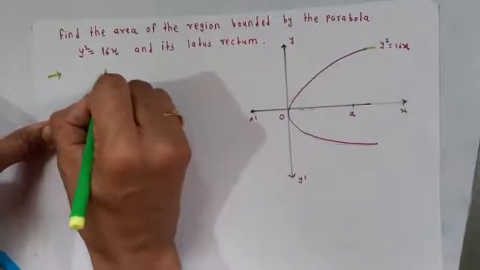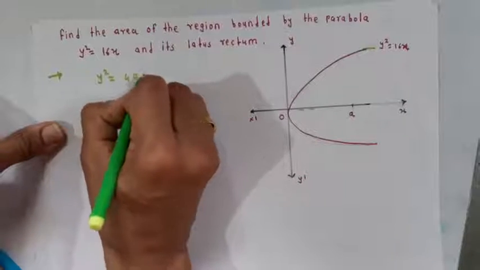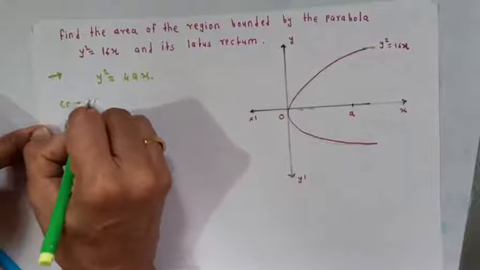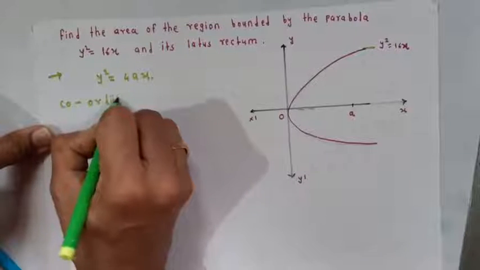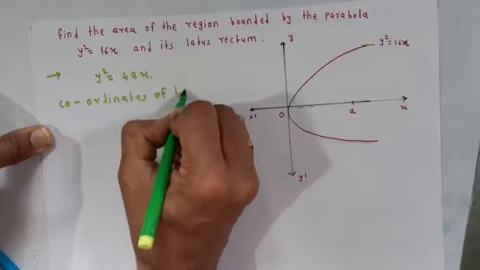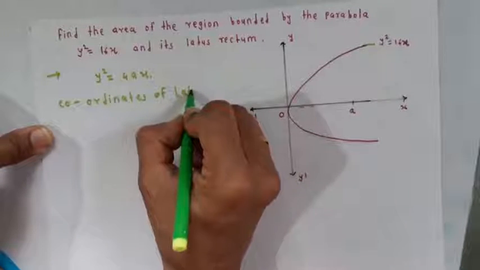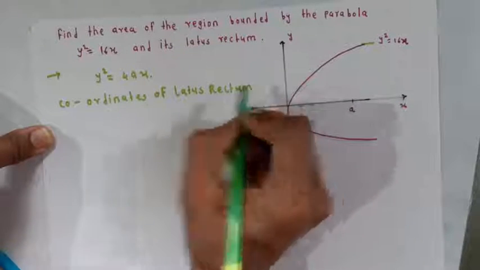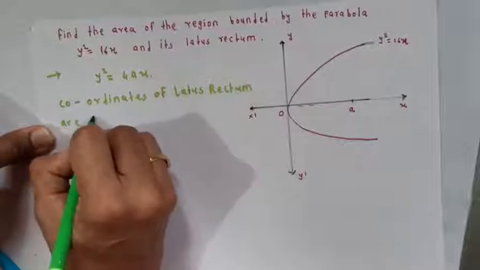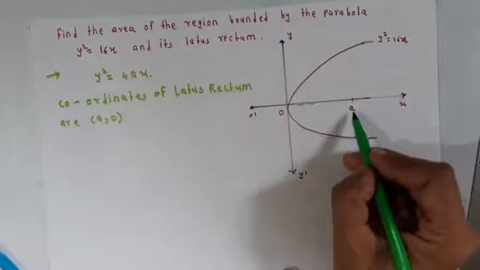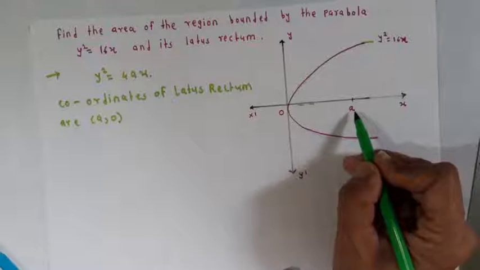If y square equal to 4ax is the parabola, then the coordinates of the focus are (a, 0).